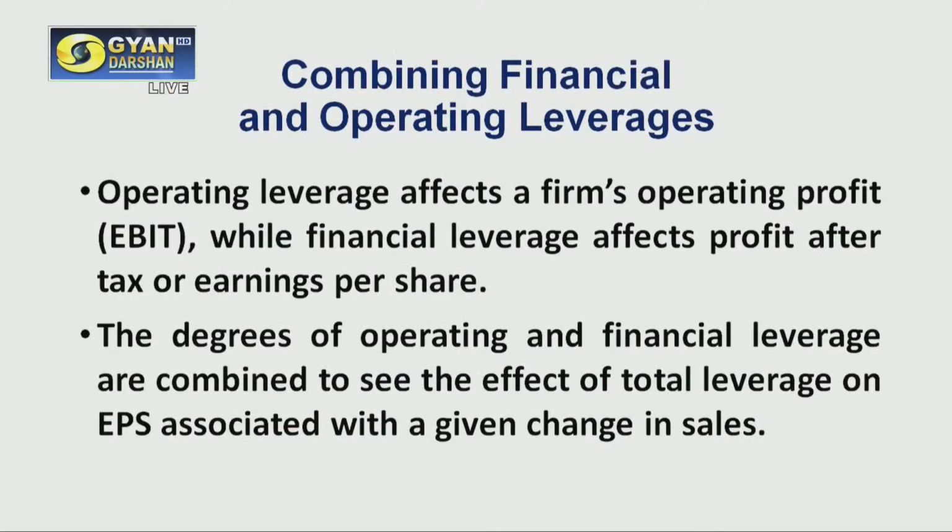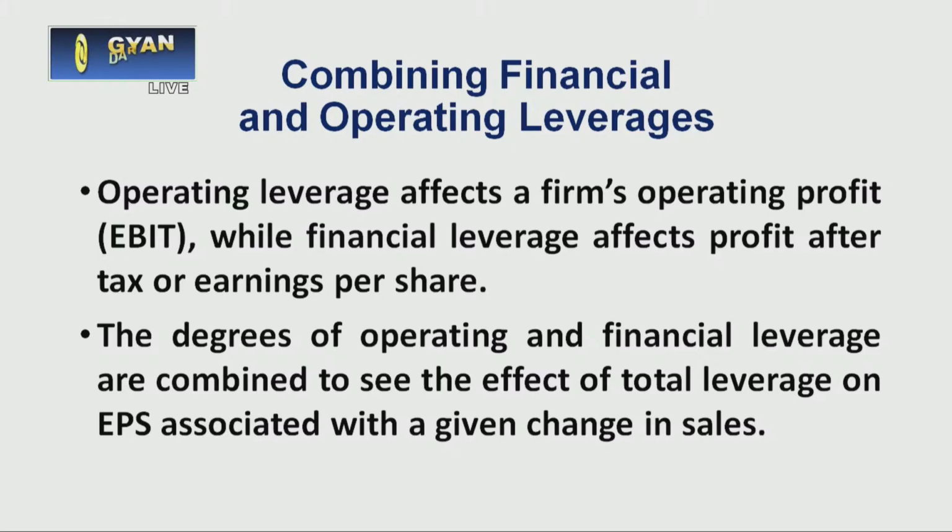Okay, so one, we discussed operating leverage. Second, we discussed financial leverage. And the third thing is the combination of both, that is combined leverage. When we combine operating and financial leverage, we can have the combined effect of these two leverages together.